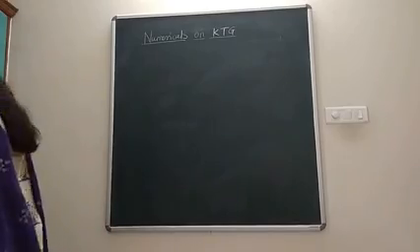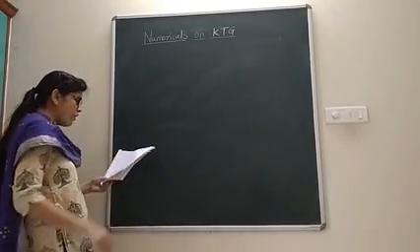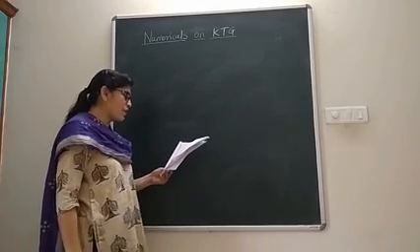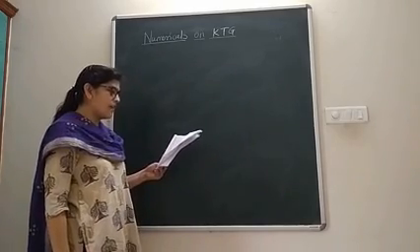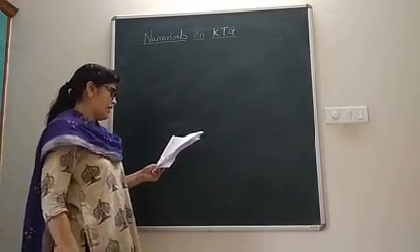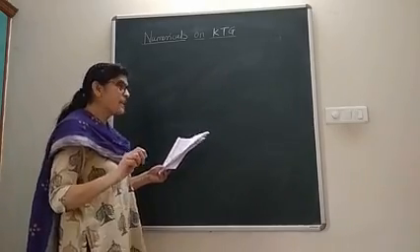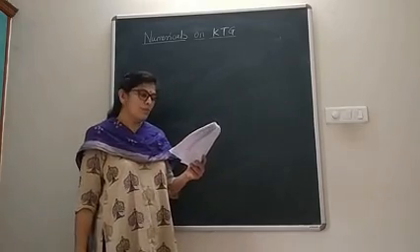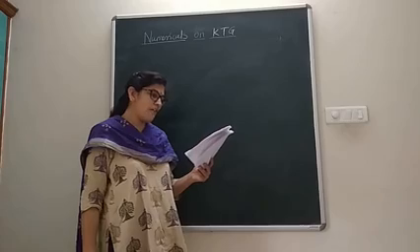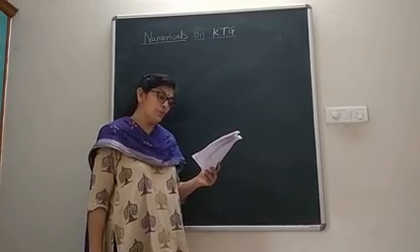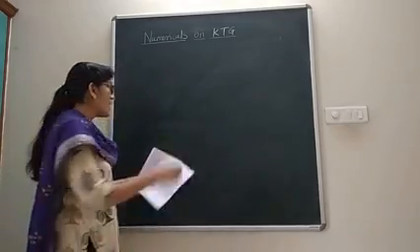Then next is, a molecule of nitrogen gas heated in a vessel to a temperature of 5000 Kelvin has an average energy E1. Some molecules of the gas escape into atmosphere at 300 K. Due to collision with air molecules, average kinetic energy of the nitrogen molecule changes to E2. Find E1 by E2.